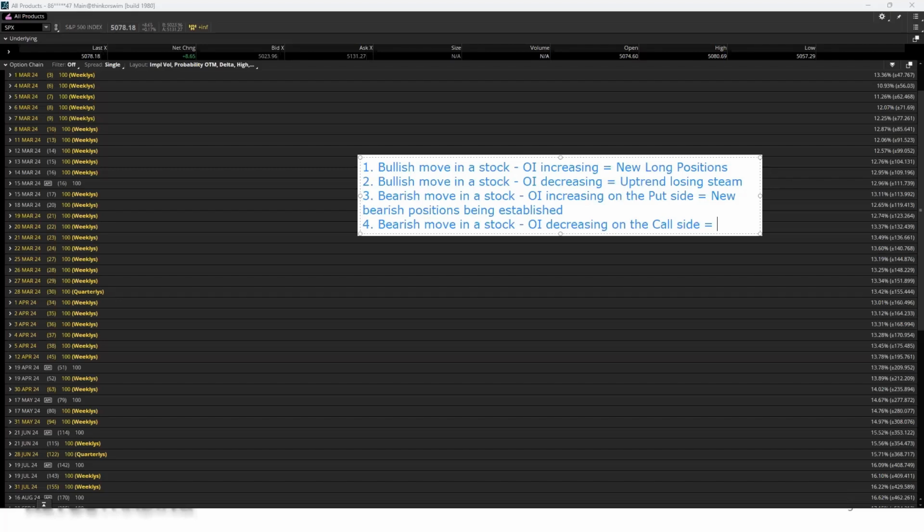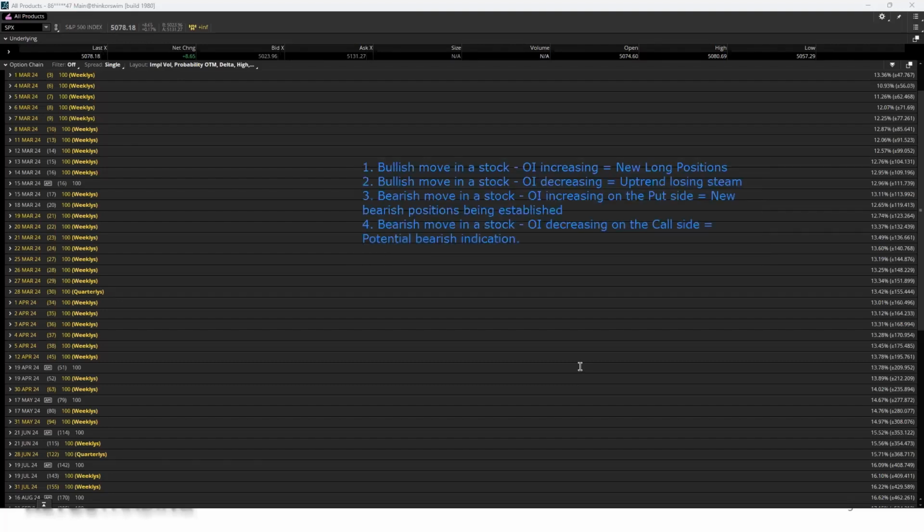So this is also bearish. We're talking about all these short term. So that equals potential bearish indication on the stock.